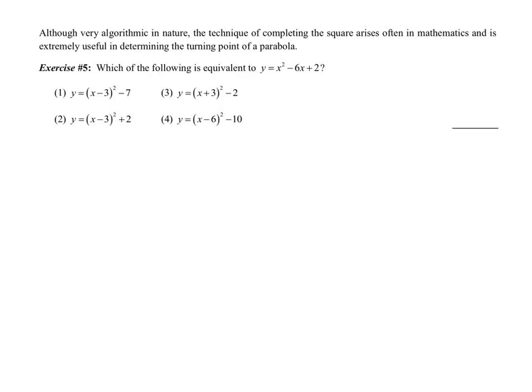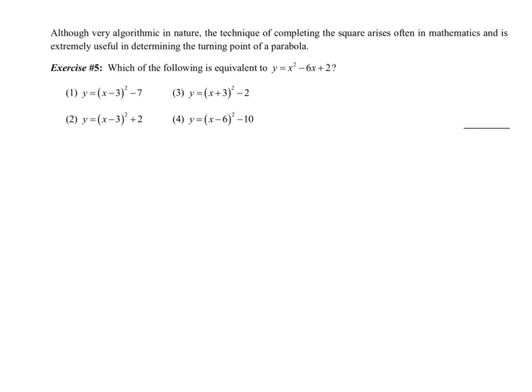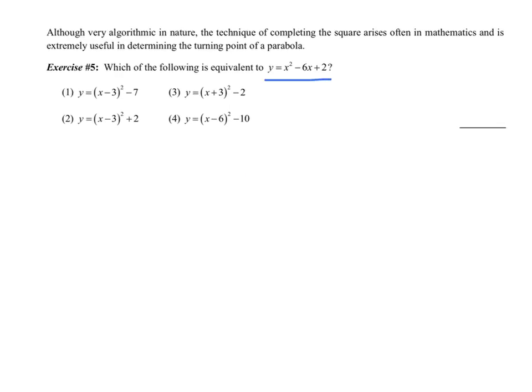We're going to follow our notebook very specifically here. We're going to try to convert this equation right here into vertex form. So step number 1, I'm just going to rewrite it so that there are 2 spaces in between the b and the c term, just like so.